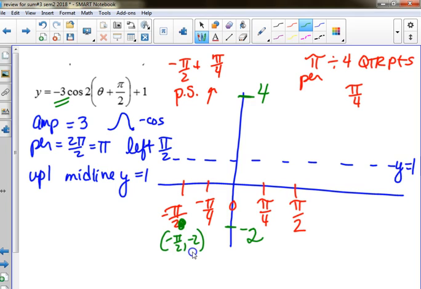And it finishes at pi over 2, negative 2. Okay, so what should it be doing halfway in between there? Should be up here at the maximum. This looking right to anybody?